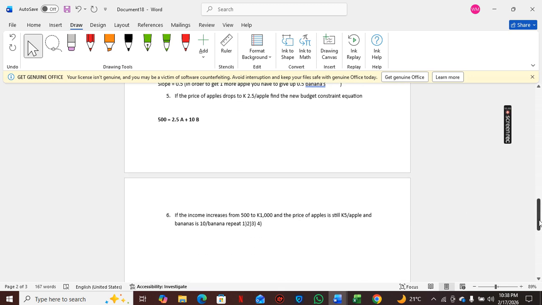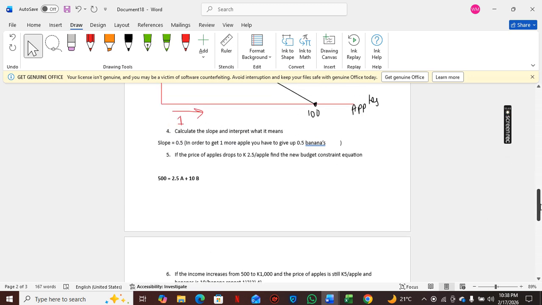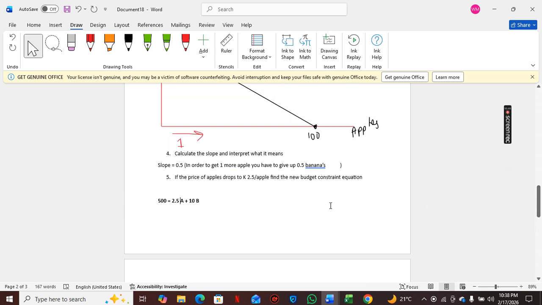What's the next question? Okay, let's just see what happens to our budget constraint line, colleagues, since the price of apples has dropped.